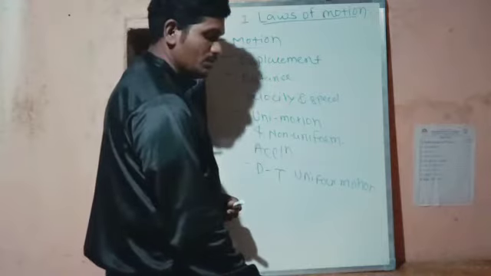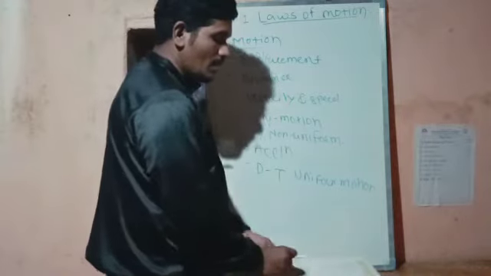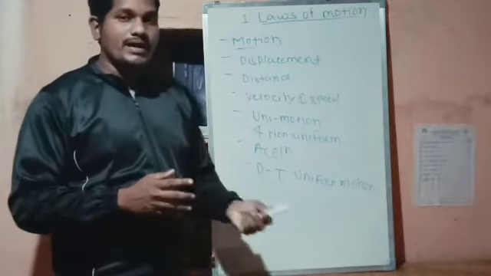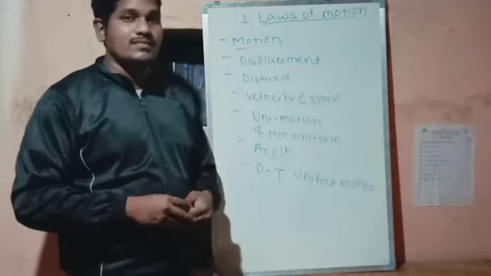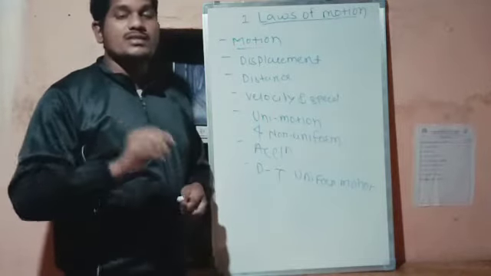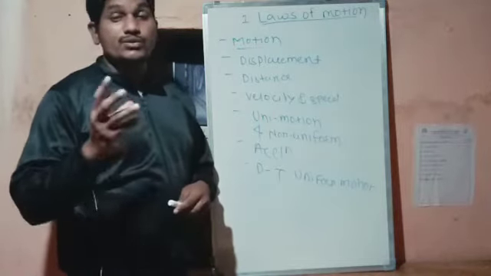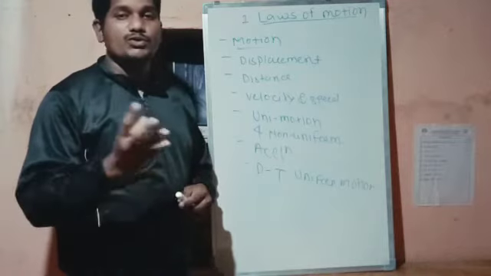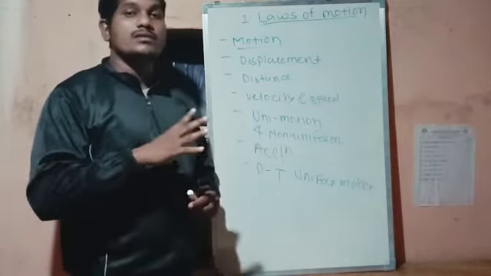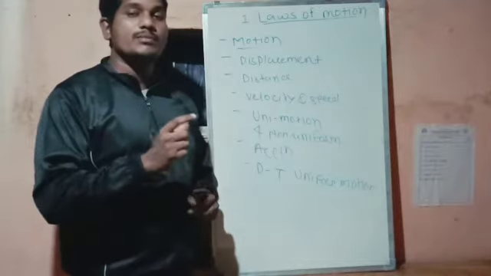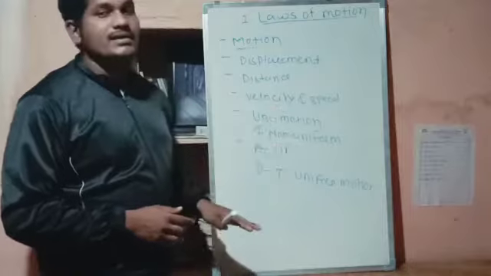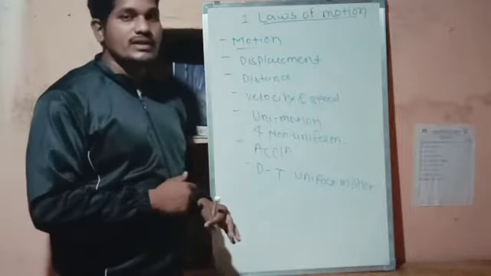Then there will be the momentum, and finally the most important part of this topic: the numericals based on Newton's three equations. Most of the time in the exam the problems will be on this topic. So these are the entire terms we are going to learn in this topic.